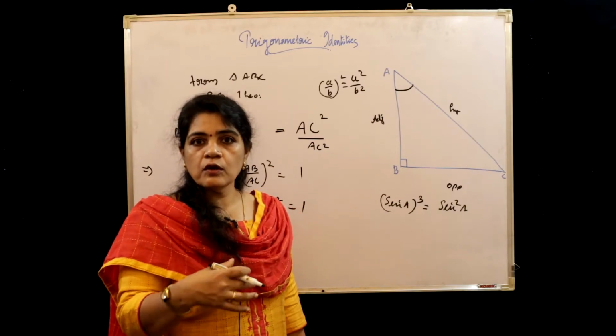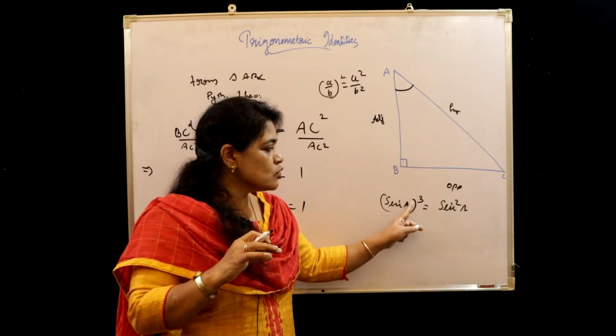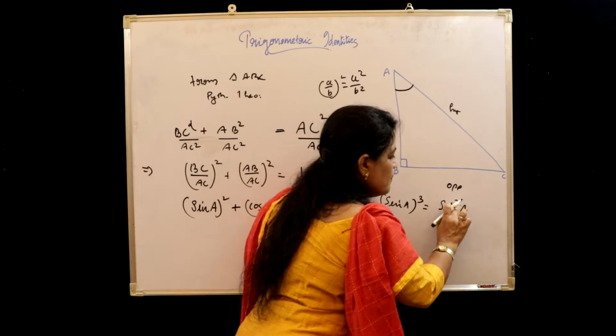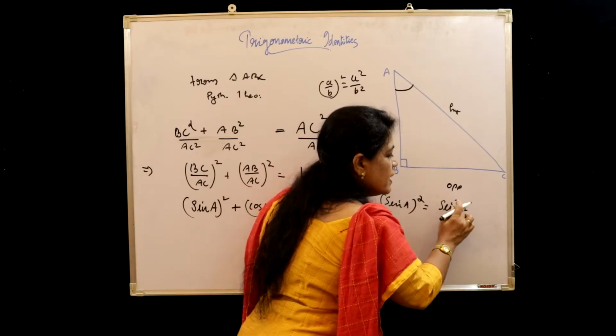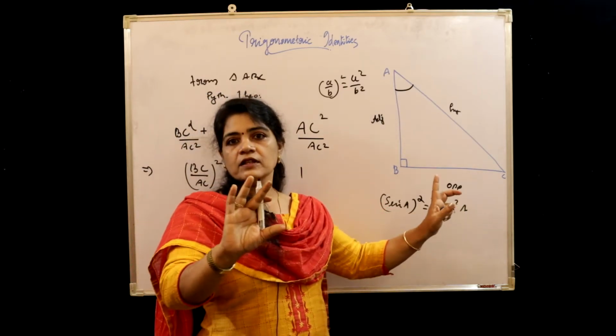We are not squaring or cubing it; we are keeping the measure of angle A as it is, but taking the square of this ratio. If it is square, it will be sine square A.